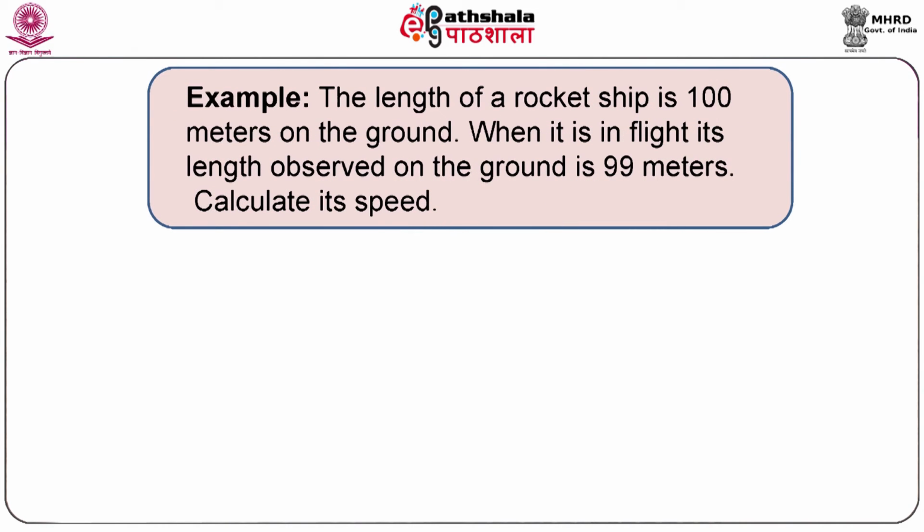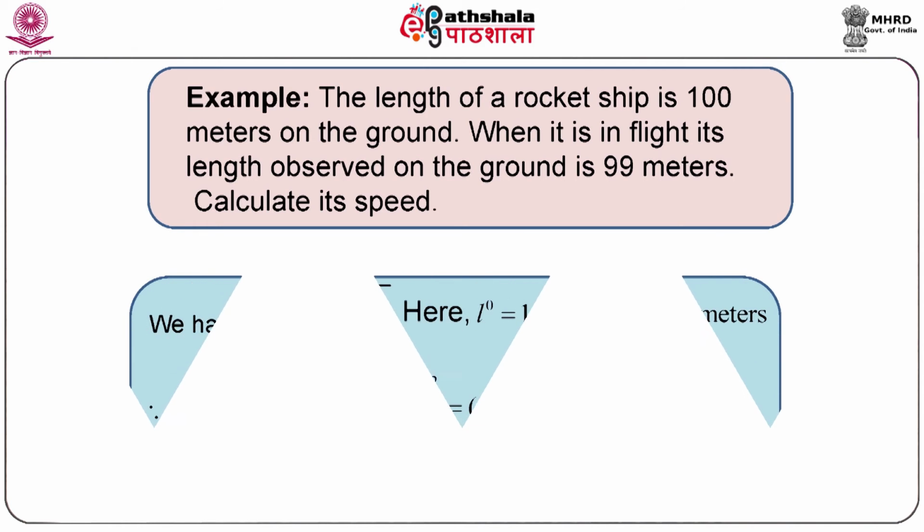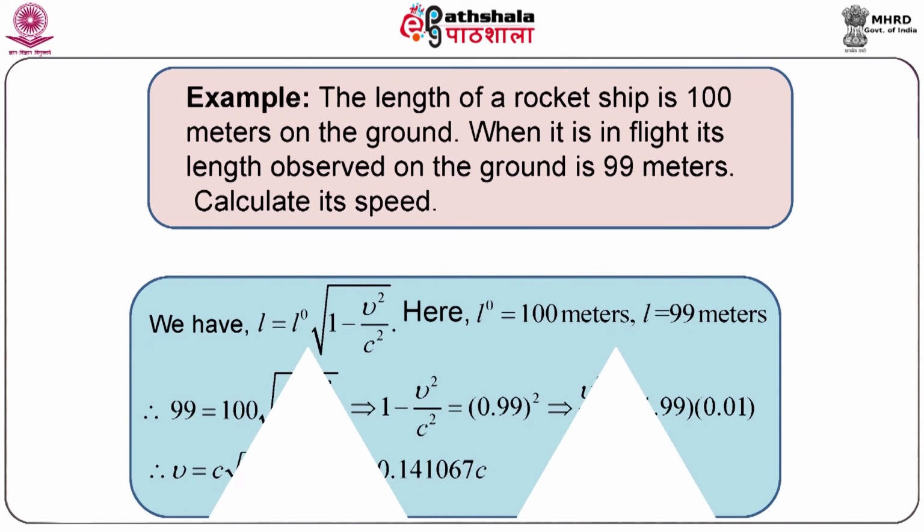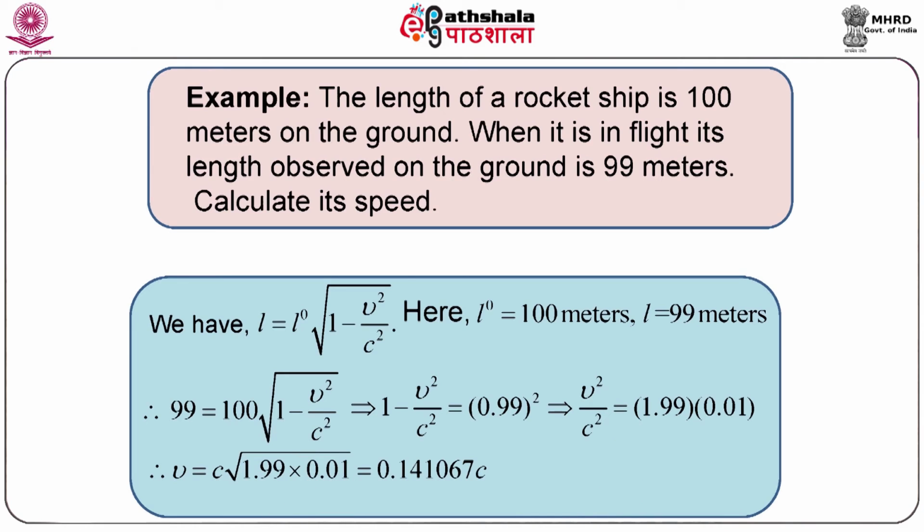Consider an example. The length of a rocket ship is 100 meters on the ground. When it is in flight, its length observed on the ground is 99 meters. We have to calculate its speed. We have the formula L equal to L0 into square root of 1 minus v square divided by c square.